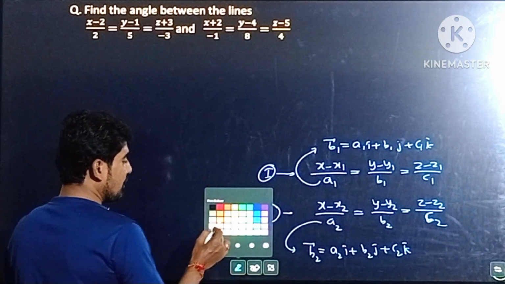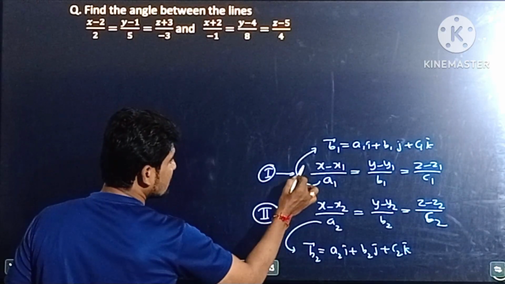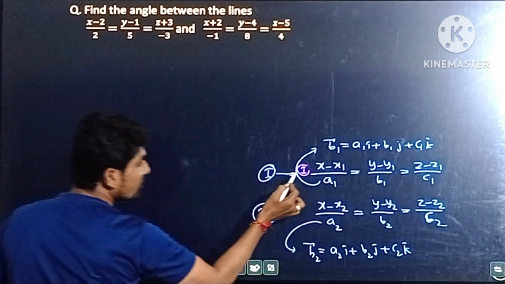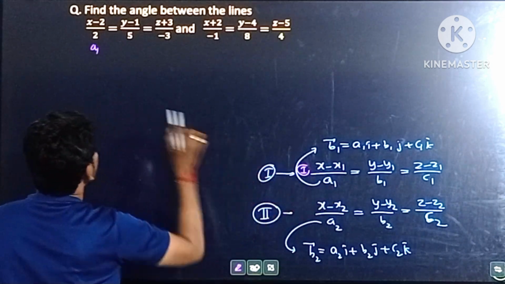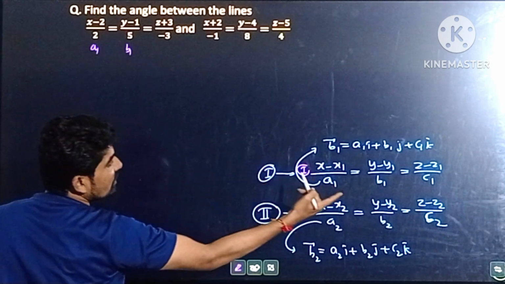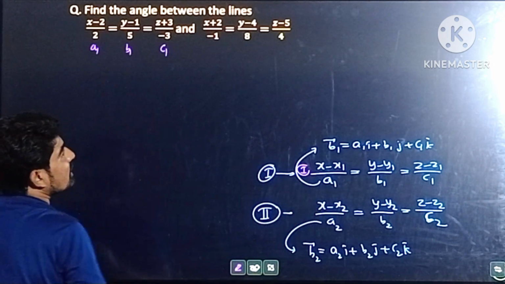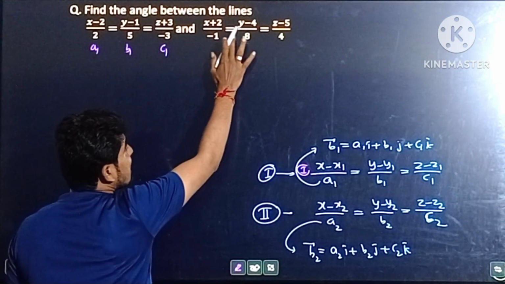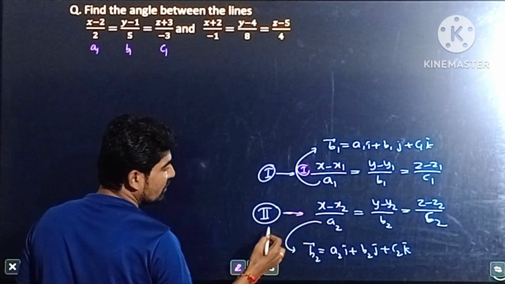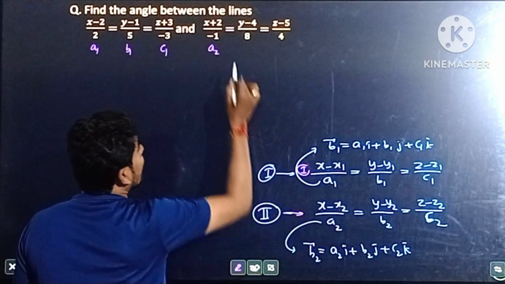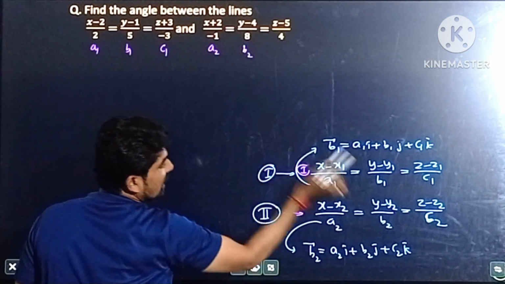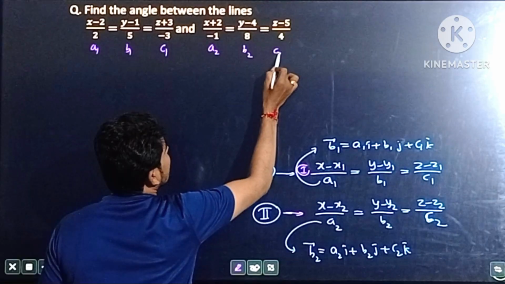So see here, by comparing the first given line with this first line, the value of a1 is 2, the value of b1 is 5, and the value of c1 is minus 3. Similarly, by comparing the second given line with this standard form of line, a2 is equal to minus 1, b2 is equal to 8, and c2 is equal to 4.